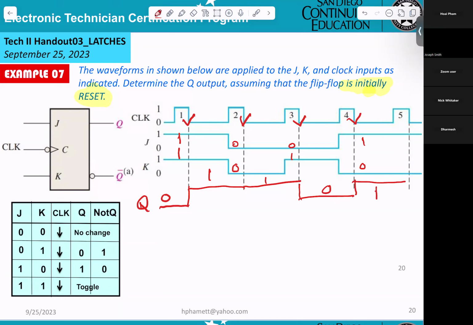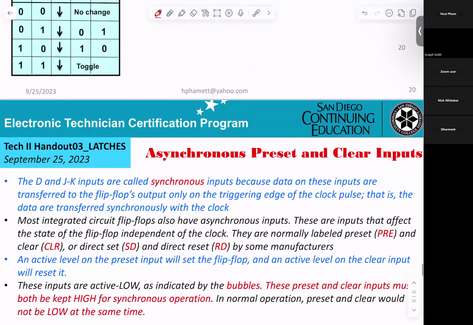And the last one, 1, 0, it still equals 1. So basically, if you understand by looking at the truth table, it's easy to see how the flip-flop works.